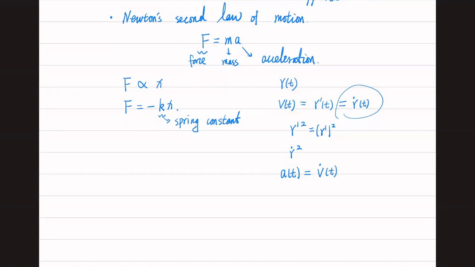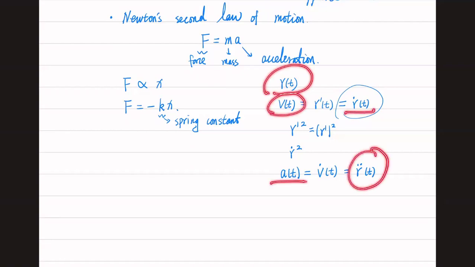Velocity is already one derivative, so the acceleration will be the derivative of the derivative, the second derivative. Again, in physics notation it will be a double dot. So position, velocity x dot, acceleration x double dot.